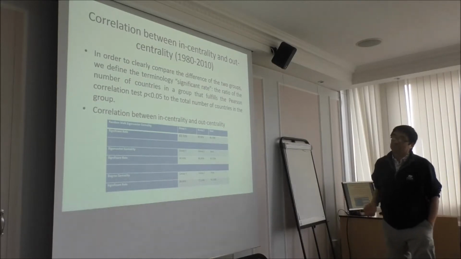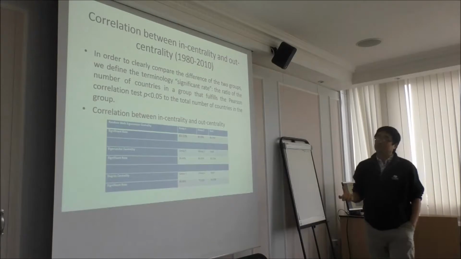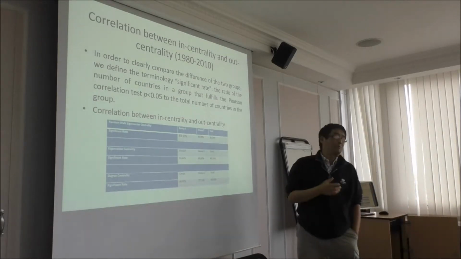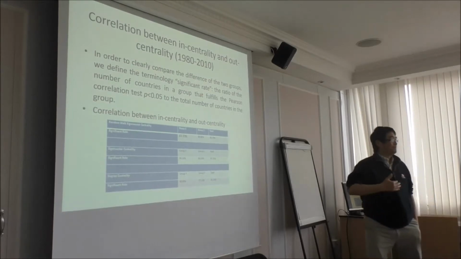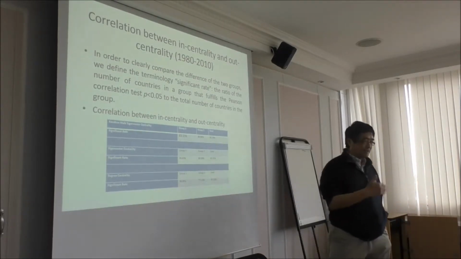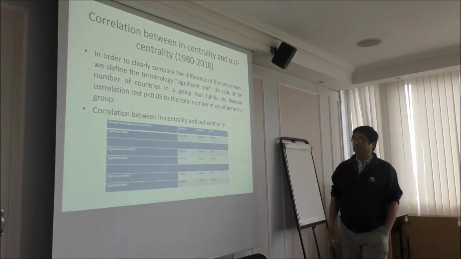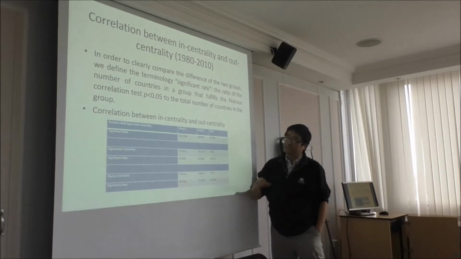So first, we look at the correlation between in-centrality and out-centrality. We just look at group 1 and group 2. Group 1 means the countries that have relatively high per person GDPs. And group 2 means those countries that have relatively low GDP per capita. Okay? For example, we look at the significant rate.